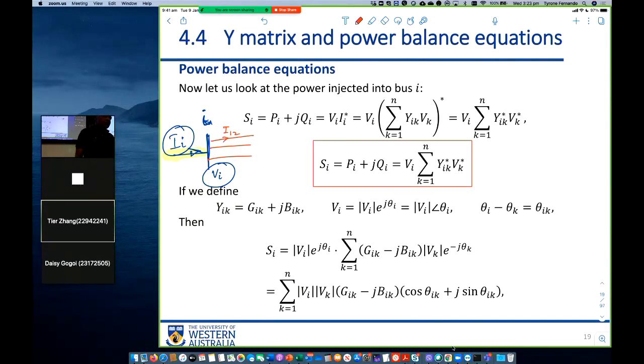Because that current is probably flowing from node 1 to node 2, right? And if I label this as I13, it's probably a line connecting node 1 to node 3. I could label this current as I14 because that line probably connects node 1 to node 4.